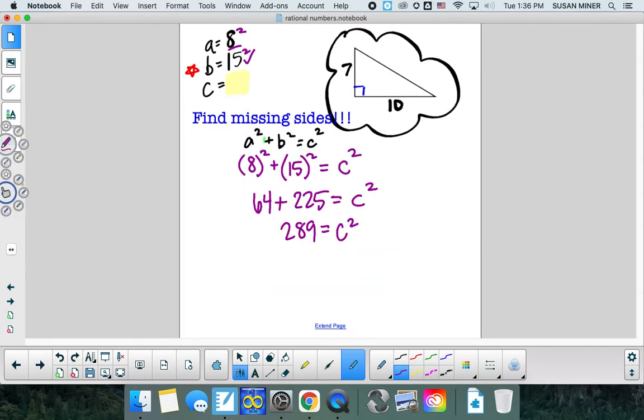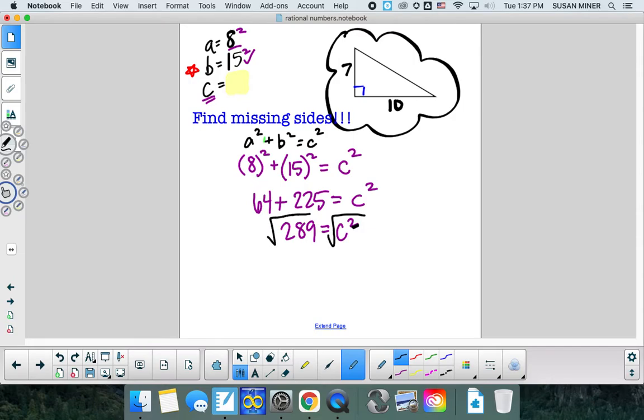So now I know C squared is 289, but does this ask me for C squared? No, this asks me for plain C. So I want to take the square root of both sides because I want to cancel out this exponent of 2.